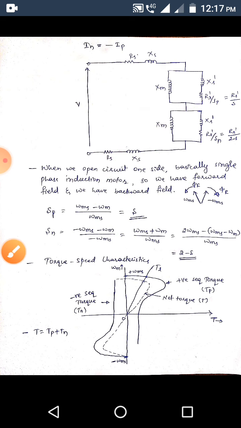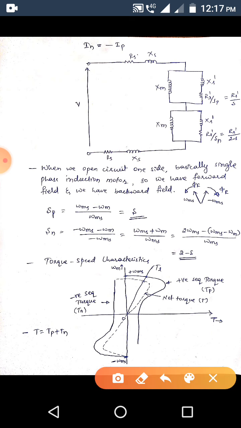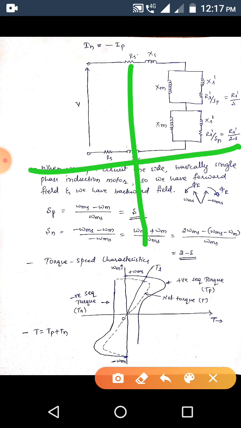Let us see the speed torque characteristic of this single phasing induction motor. Let us draw the speed torque characteristics here. The x-axis indicates the torque and the y-axis indicates the speed of the motor.